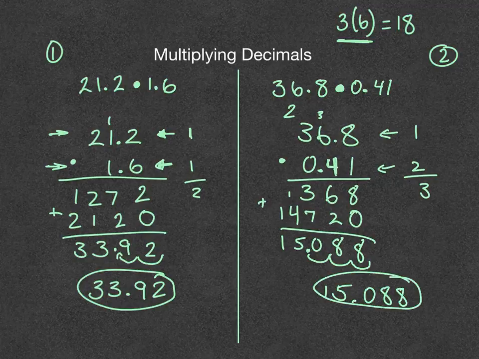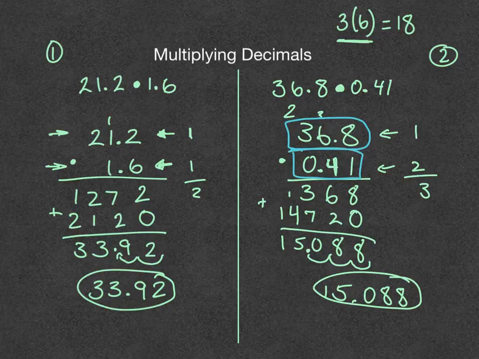Now, some of you might be saying, wait a second. We started with a number that was almost 37, and you're telling me that when we multiply it, we get around 15? We're used to when we multiply getting a number that is greater than our factors. But if we look at our 2 factors here, we have a number that's about 37, but then we have a number that's less than 1.